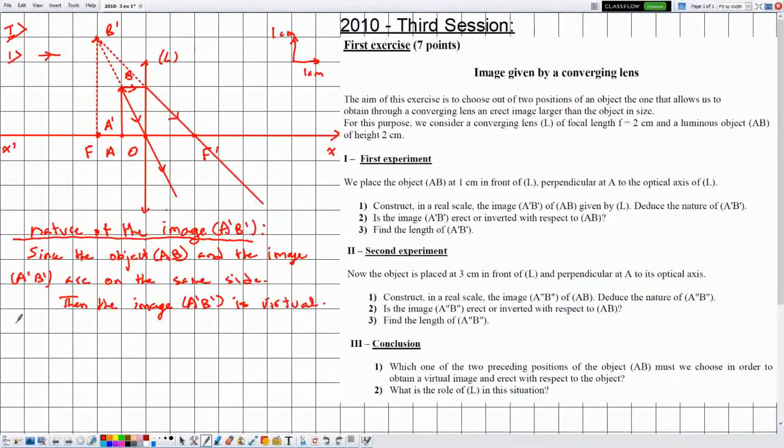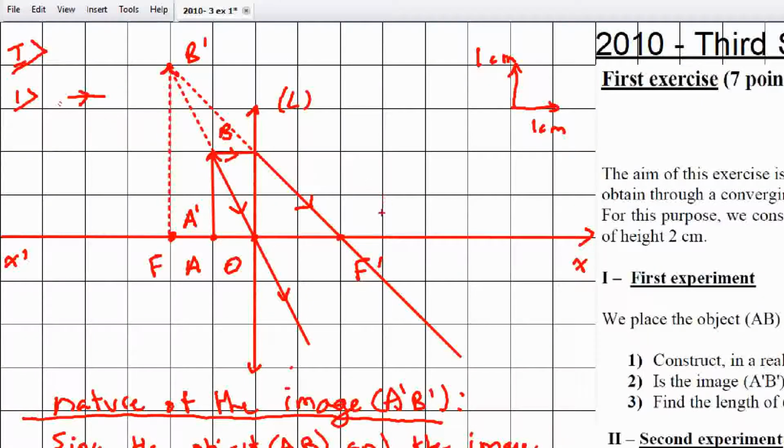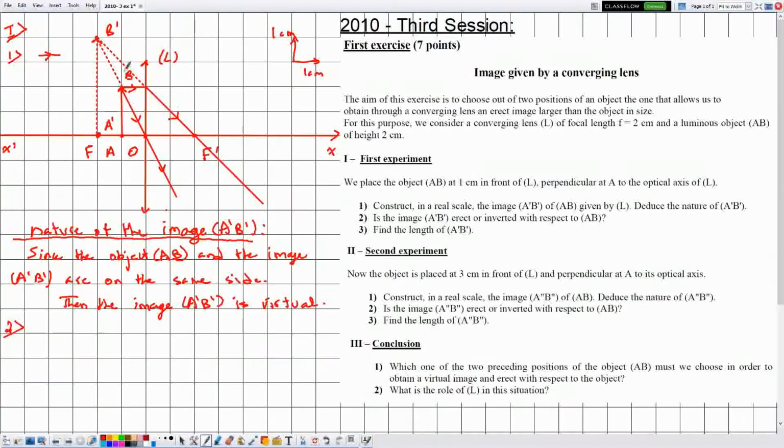Now let's move to part 2. In part 2, they are telling me is the image A prime B prime erect or inverted with respect to AB. So notice that the object AB is pointing upward and the image A prime B prime as well is pointing upward. Therefore, both of them are in the same direction, which means that the image is erect with respect to the object AB.